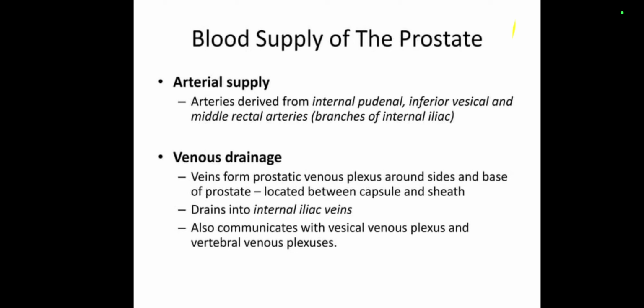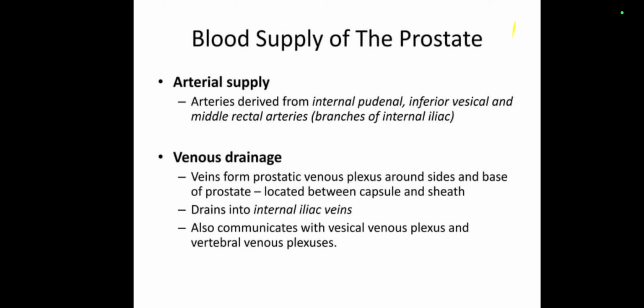So in arterial supply, if we're literally trying to identify how the blood supply works, I want to give emphasis that the arterial supply will start at the inferior vesical artery. That inferior vesical artery will transport a major blood supply to your prostate. It will also receive blood supply from the middle rectal and internal pudendal arteries.